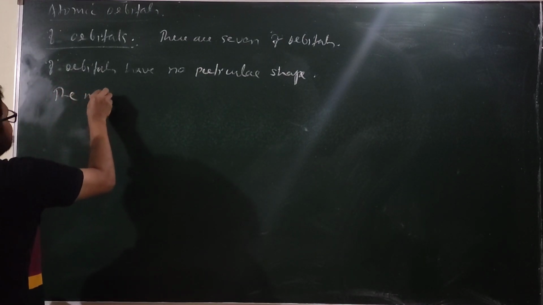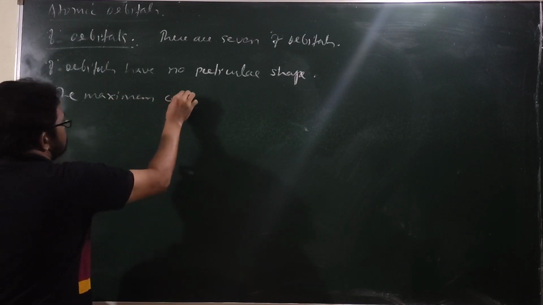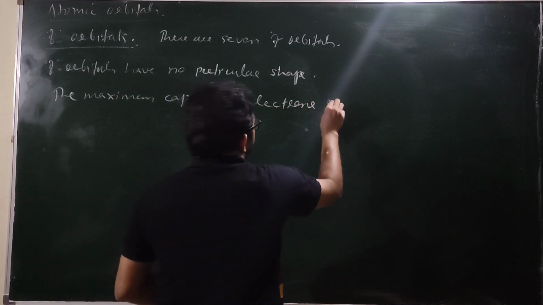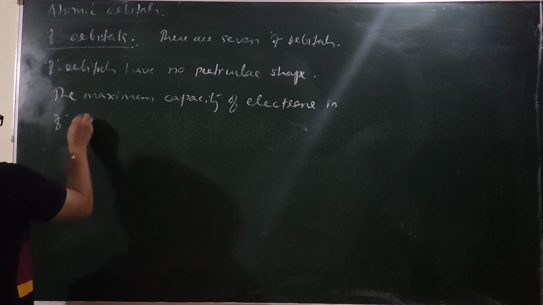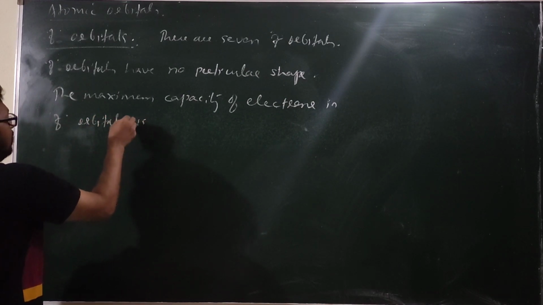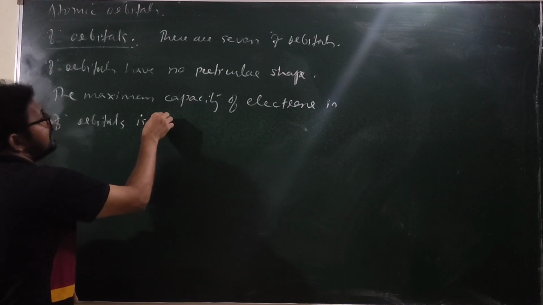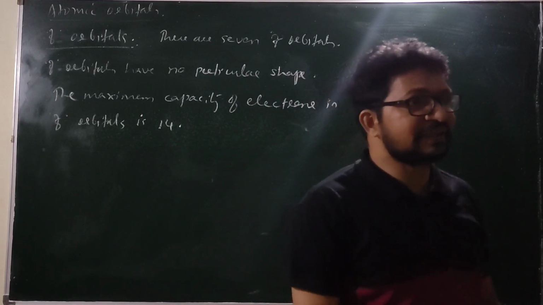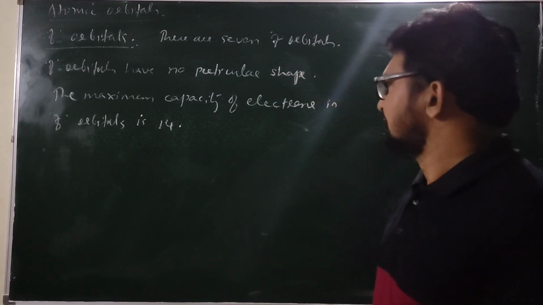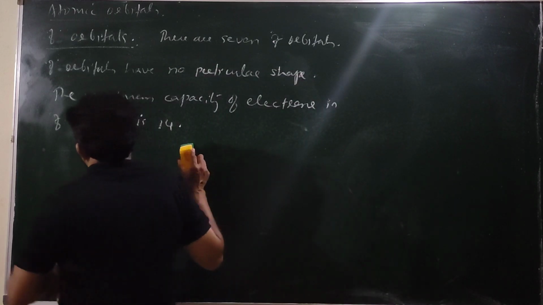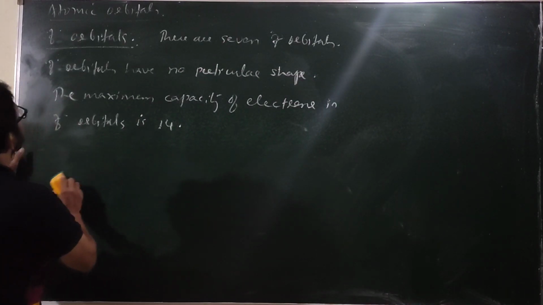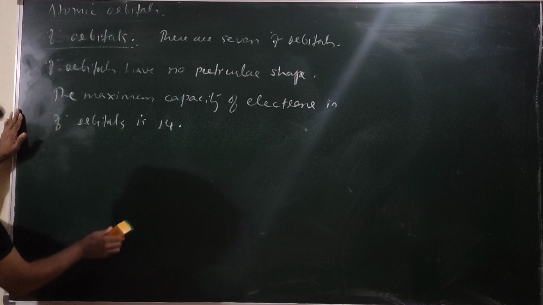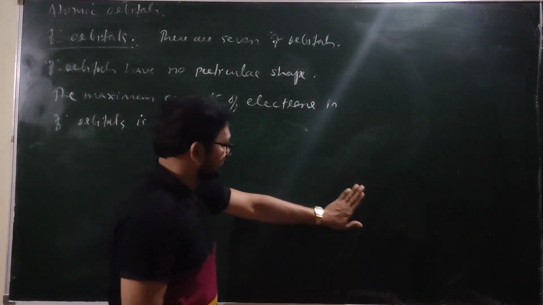The maximum capacity of electrons in f orbitals, the number of orbitals is how many? 7, so 7 times 2 means 14. So a maximum of 14 electrons can be accommodated in the f subshell, because the f subshell has 7 f orbitals.